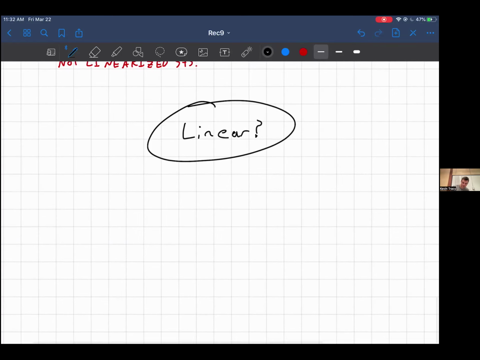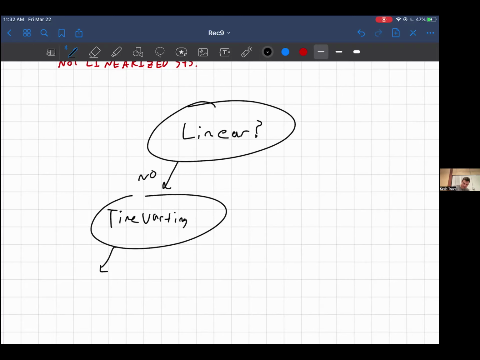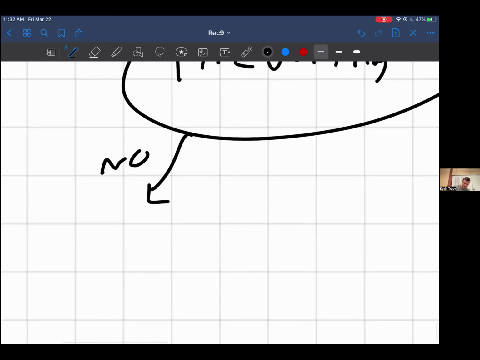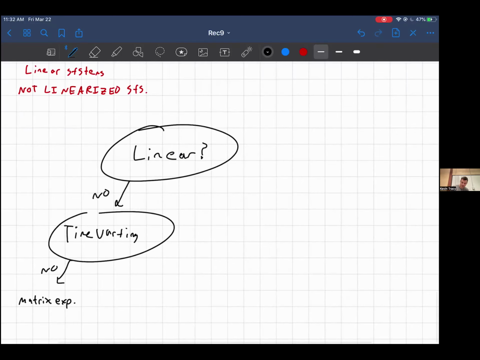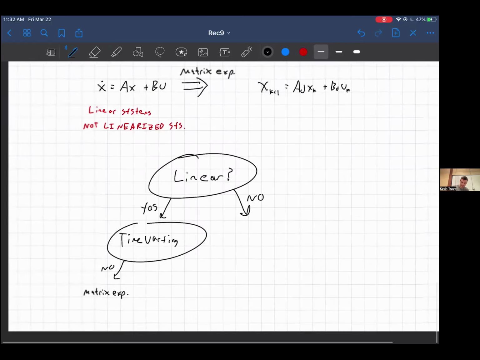Linear, yes. Time varying, no. A linear system that is not time varying, so a linear time invariant system, then I use the matrix exponential. Anything that's not that, I linearize, and I discretize with an integrator.